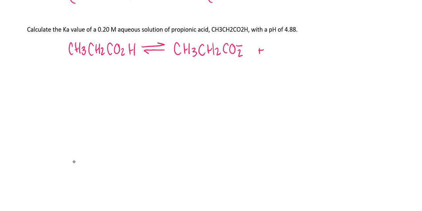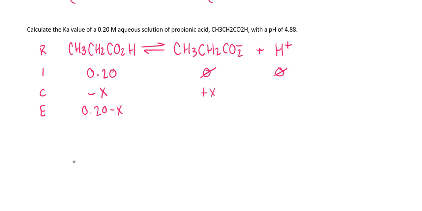And acids are going to donate a proton, so I'm just going to pull a hydrogen off. Protons are positive, hydrogen has a charge of +1, so the conjugate base will have a charge of -1. The initial concentration of my acid is 0.20. Always going to assume the initial concentration of our products will be 0. Reactants decrease in concentration. Products increase in concentration.